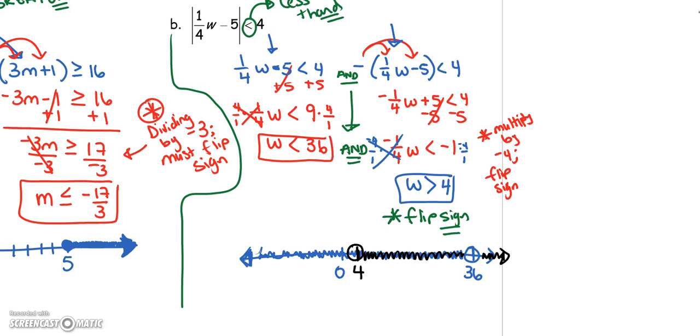The answer is where those two colors kind of meet, where the black shading area and the blue shading area meet. So I'm going to go ahead and just kind of show you. Here is open circle 4. Here's open circle 36. The final answer is right between 4 and 36. So this would be our final.